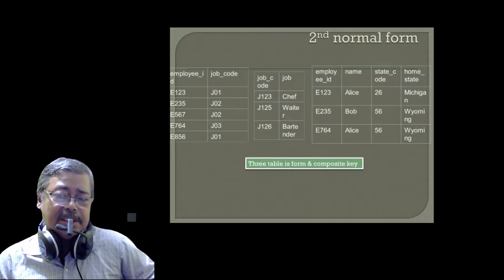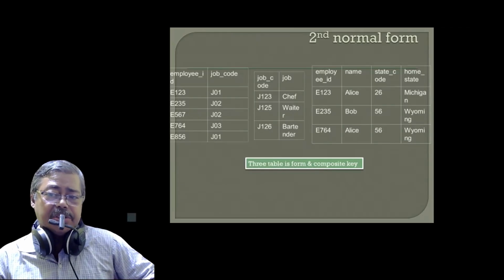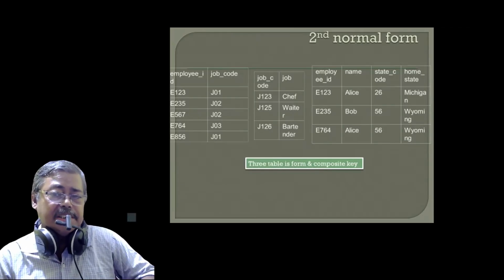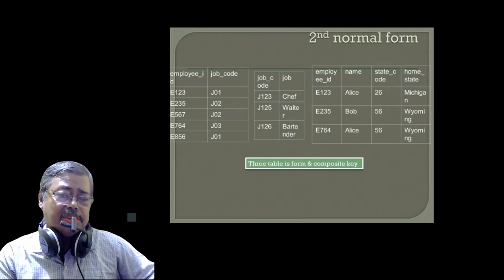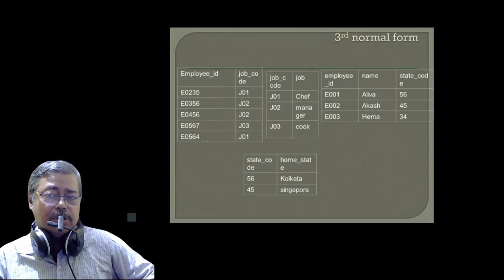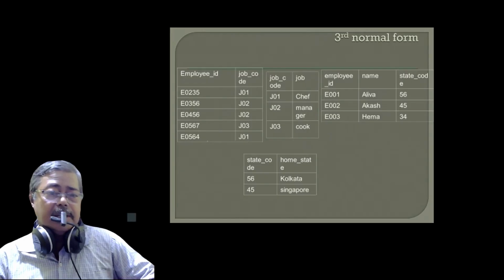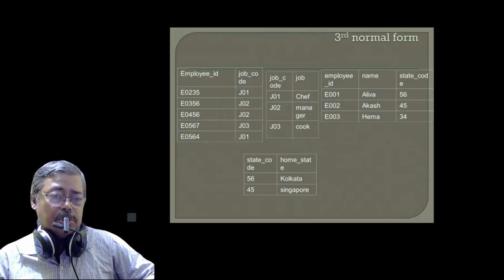How is transitive dependency present here? Because state code and home state are interdependent. So we have to form another table, and it is formed as the third normal form. It is employee ID with job code and job, employee ID, name and state code, and also state code with home state.